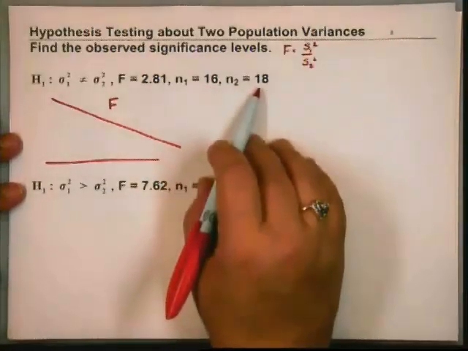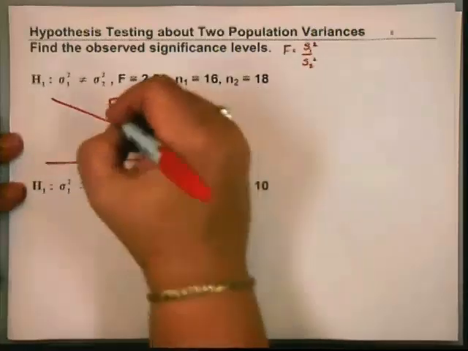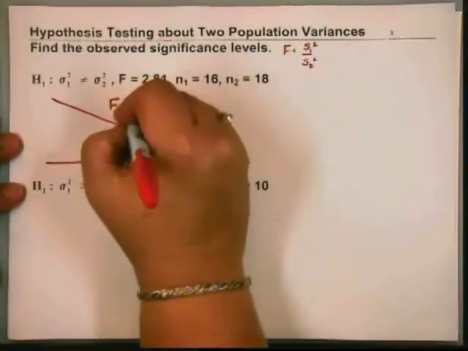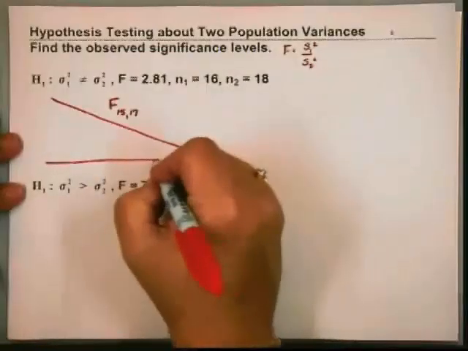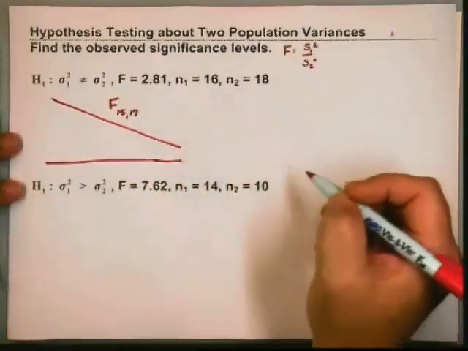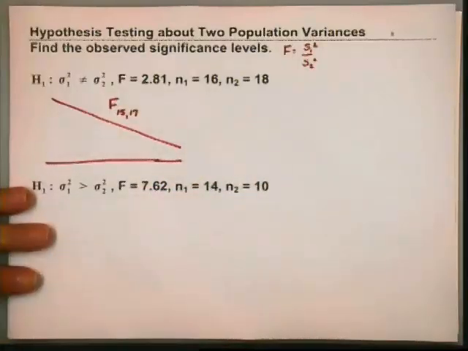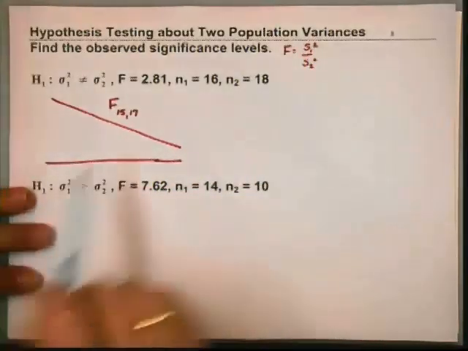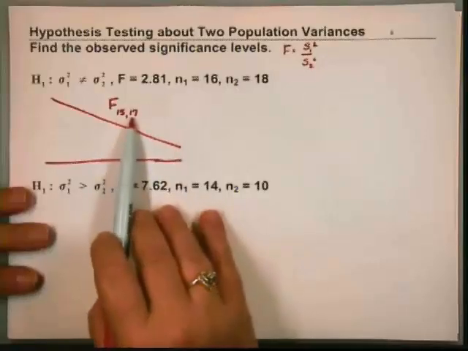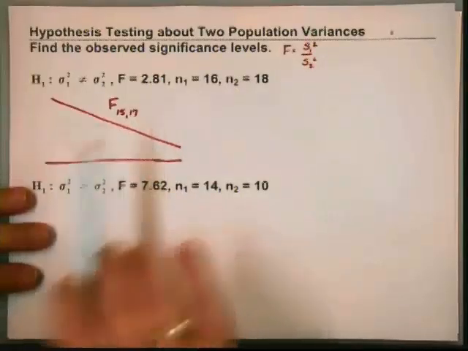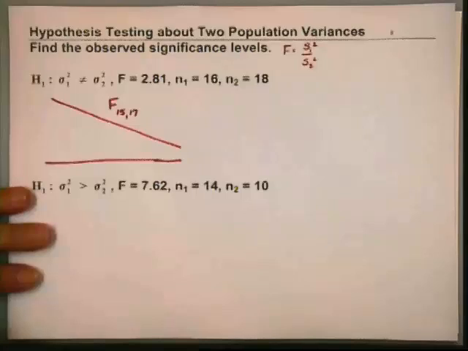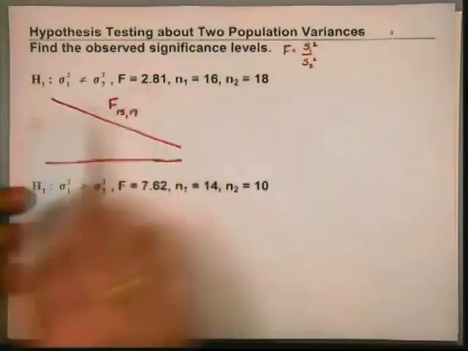Denominator degrees of freedom 17. Now going from page to page or subtable to subtable, staying in column 15, row 17, find the two values between which the calculated value 2.81 falls.